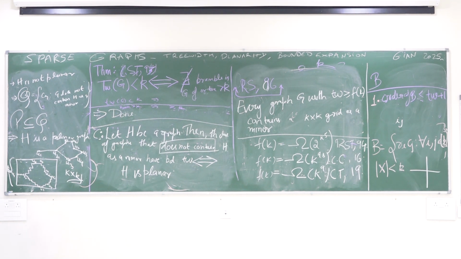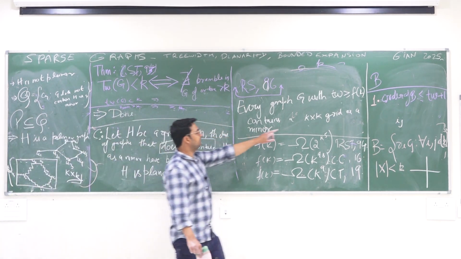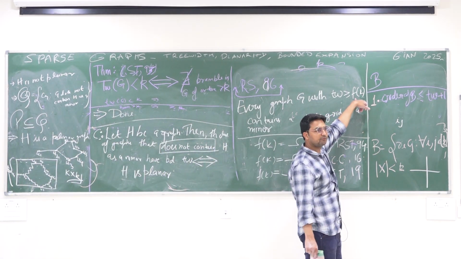Actually, you are doing subgraph, but then here's this question about this K5. So what you proved is that the graph does not have a k cross k grid as a minor, right? And from that you prove that if your graph does not have a k by k grid as a minor, your tree width cannot be more than f of k.